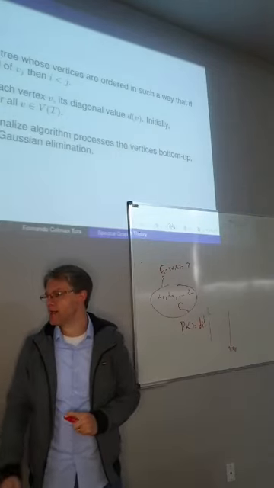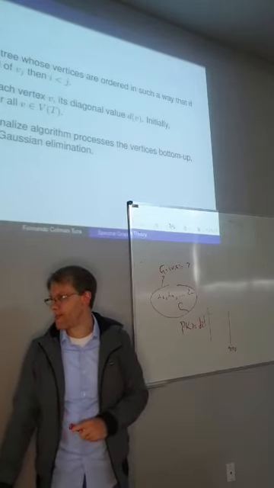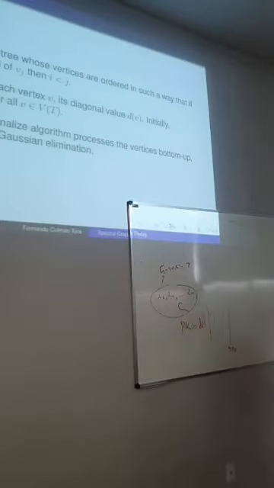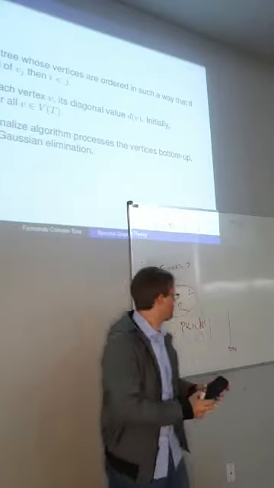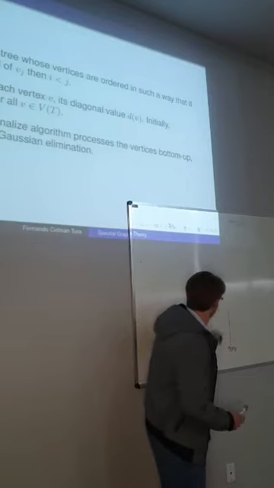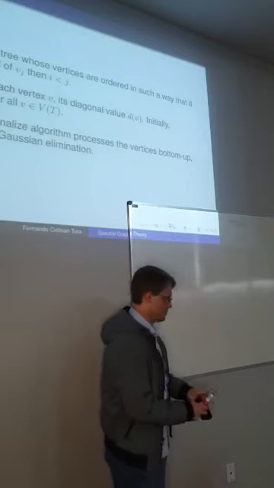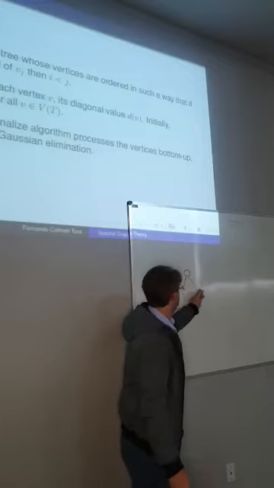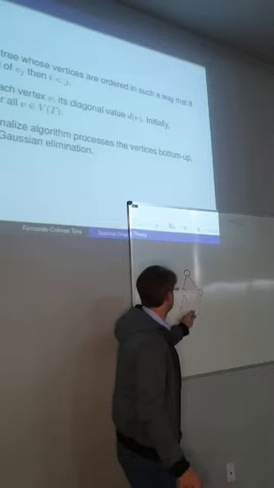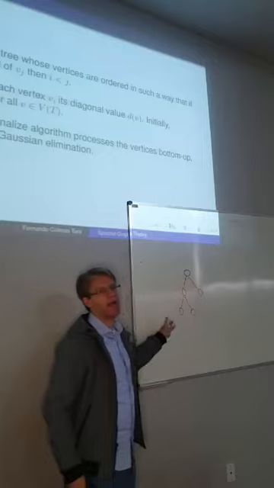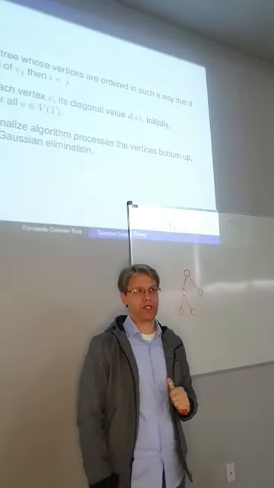The idea is very simple. Suppose you don't know what a tree is. Suppose you have a tree like that. This is a tree, okay? And you want to determine the eigenvalues of this tree.